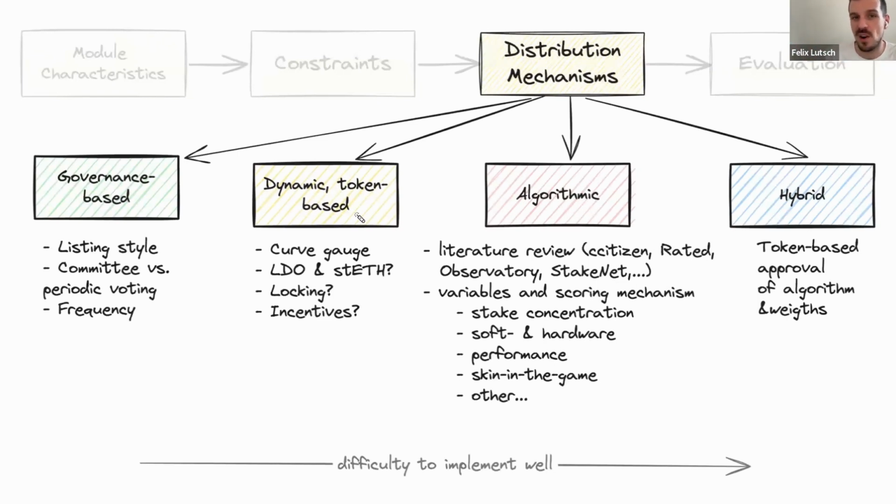There are questions here around how it should increase the voting power if you lock your tokens for longer. This is actually also a way of giving some sort of token utility potentially to LDO.